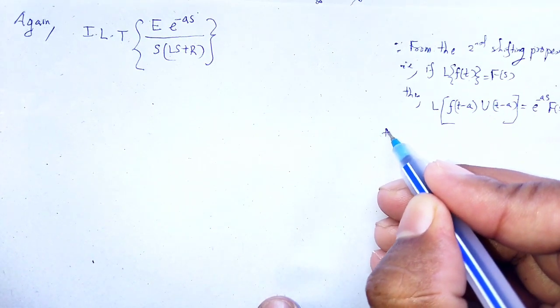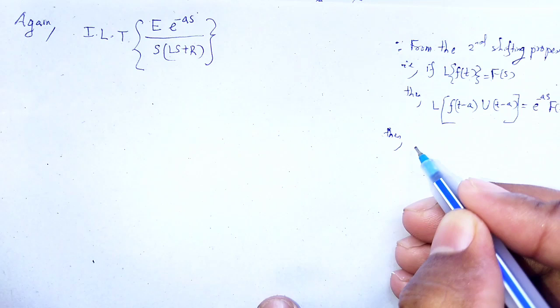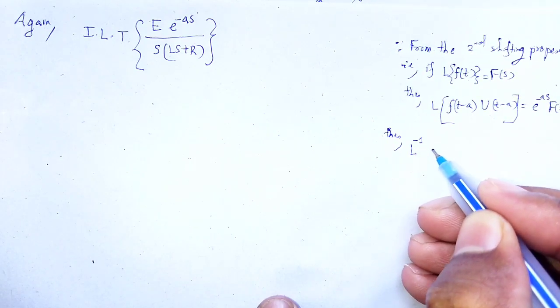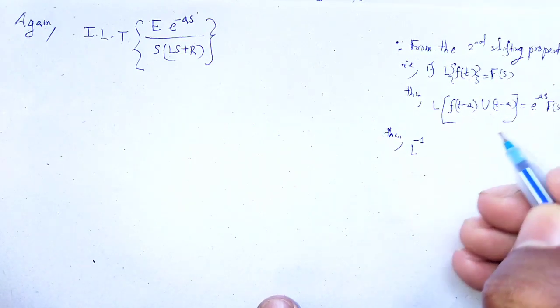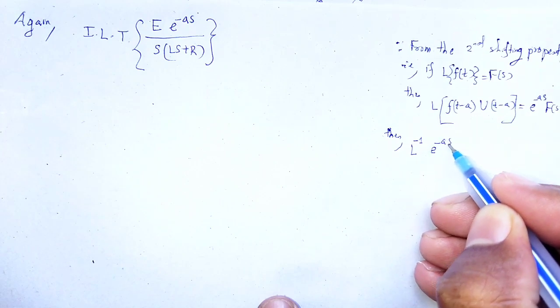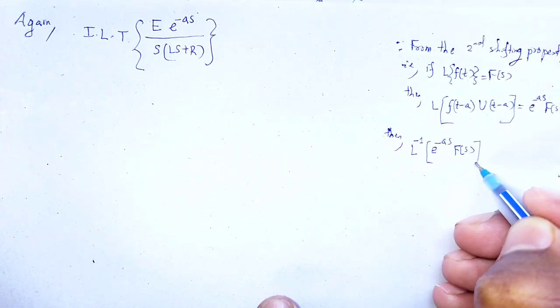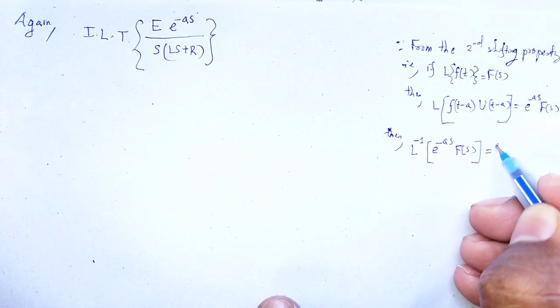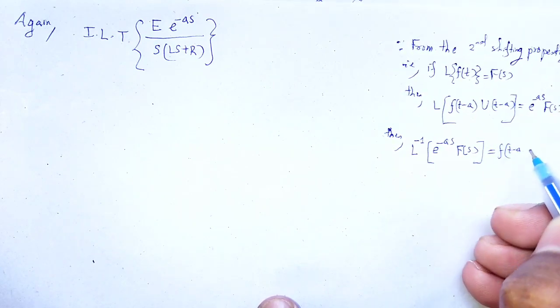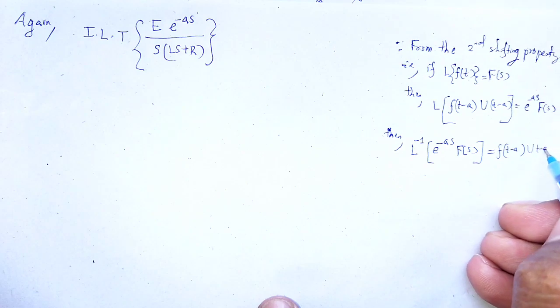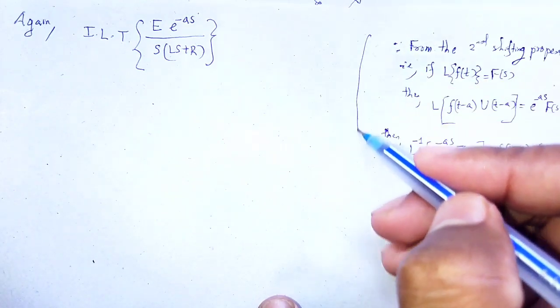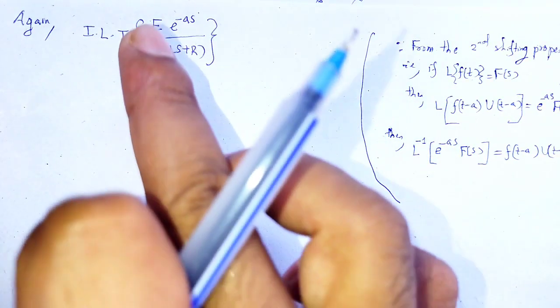That is why we have the inverse Laplace transform in similar pattern. Inverse Laplace transform of e to the power minus as F of s will be that function f of t minus a into u of t minus a. Look at the expression.